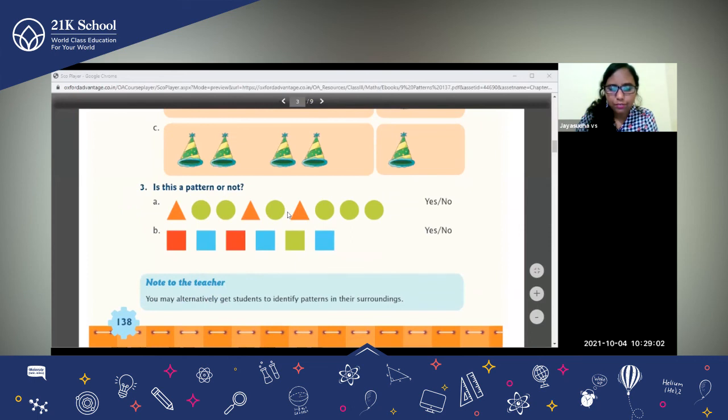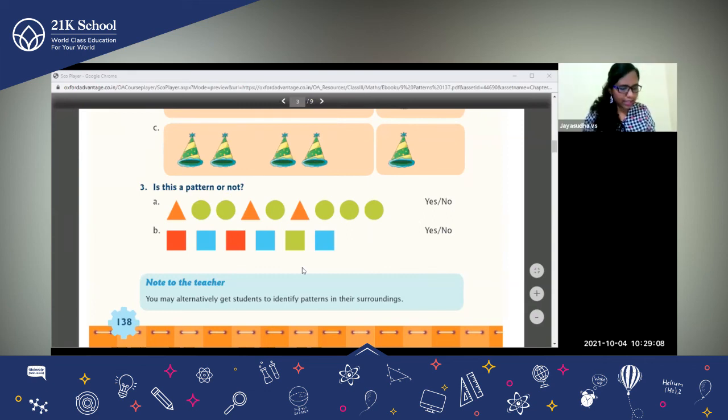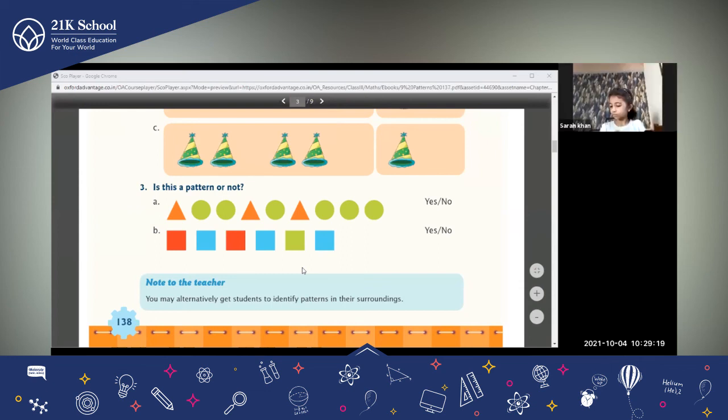Page 138 in your student book. And page 69 in your student book, let's practice 69 and 70. Pages 69 and 70 in your student book. And in the workbook. Ma'am, is this the homework?